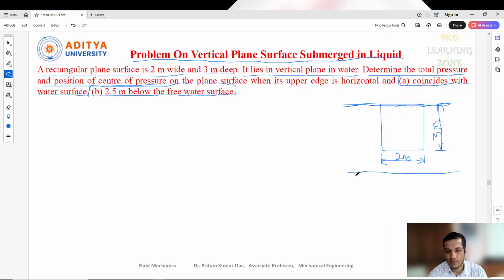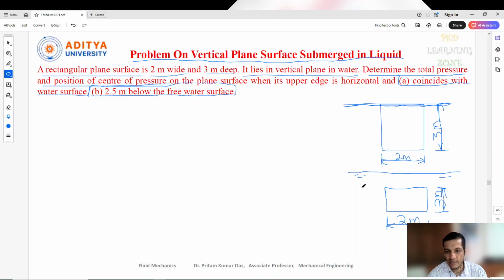Suppose this is the free surface of water, and the rectangular plane is situated below it, with the same dimensions. The width is the same, 2 meter, and the depth is again 3 meter.